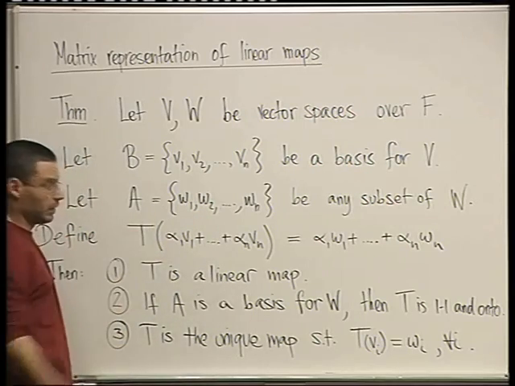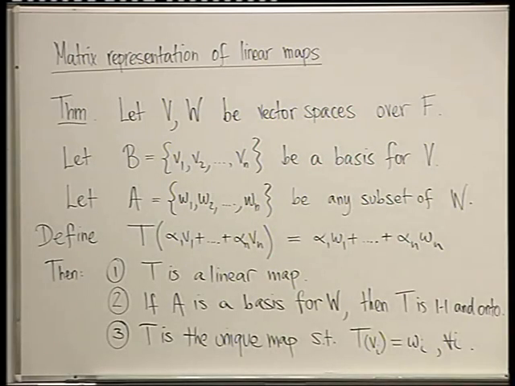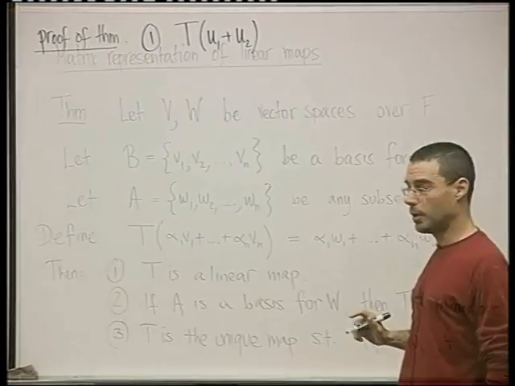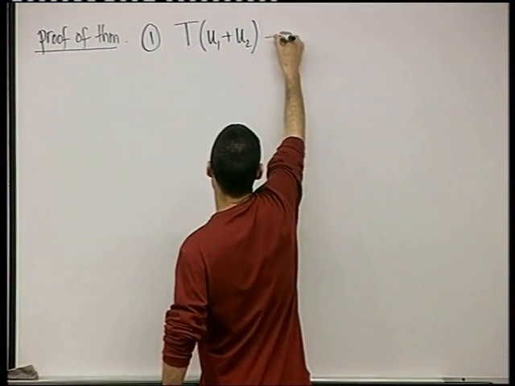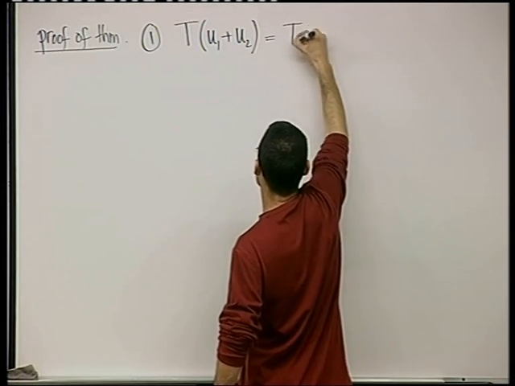Part 1 says this is a linear map. Let's show that it's a linear map. Okay? By definition. So part 1, I need to take two guys in V. Let's call them U1 and U2. And I have to show that T of their sum is T of U1 plus T of U2. Right? That's the first part of showing the map is linear. So what is T of U1 plus U2?